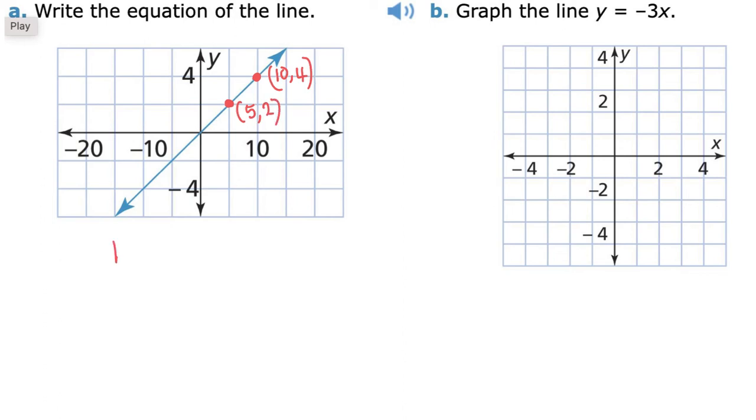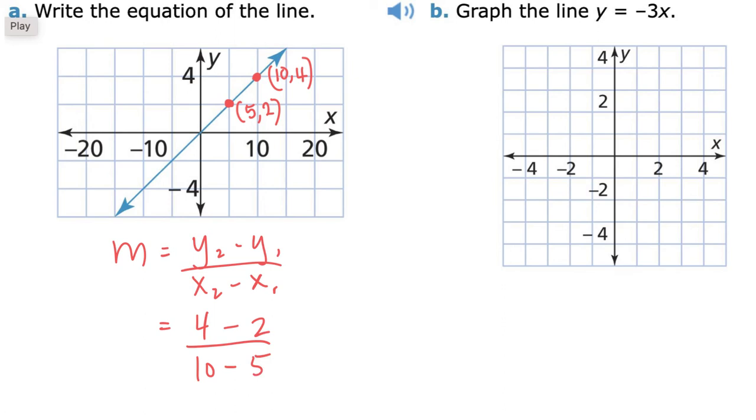So calculating slope, which I know is y2 minus y1 over x2 minus x1, I can replace the y and x's with 4 minus 2 over 10 minus 5.